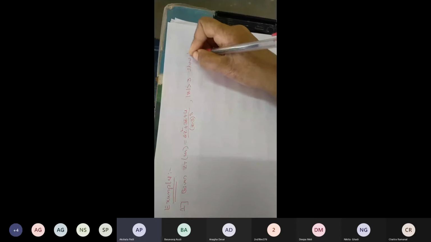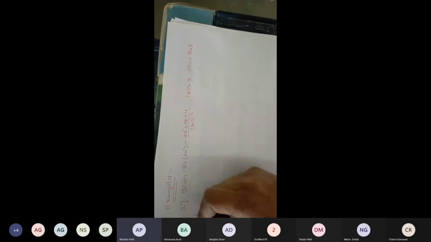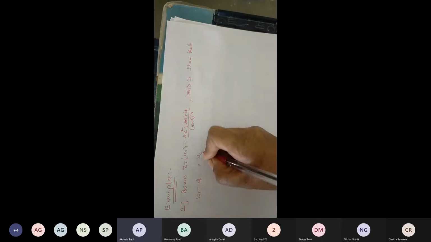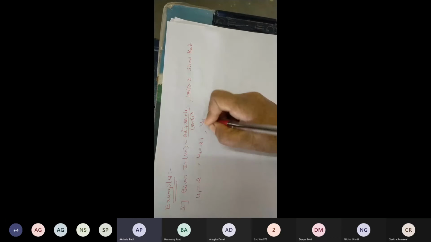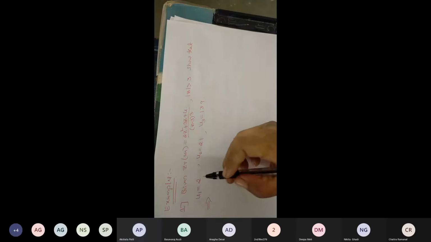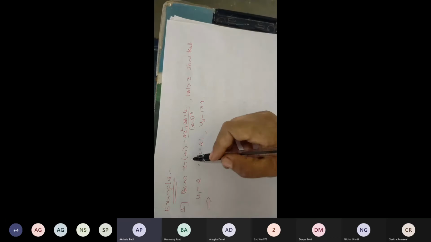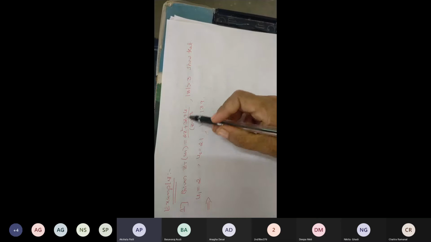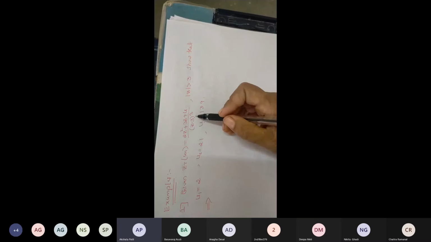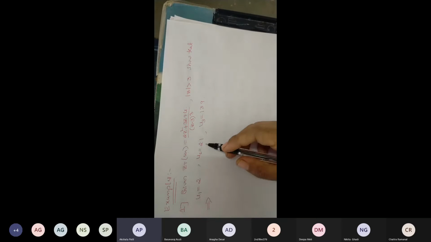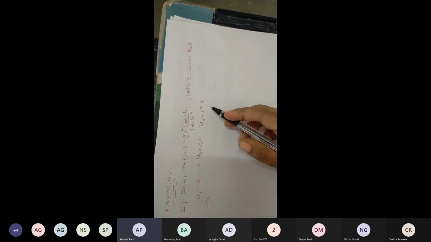Show that u1 equals 2, u2 equals 21, u3 equals 139. In the question they have given the z transform of the un function, and they're asking to show this result.